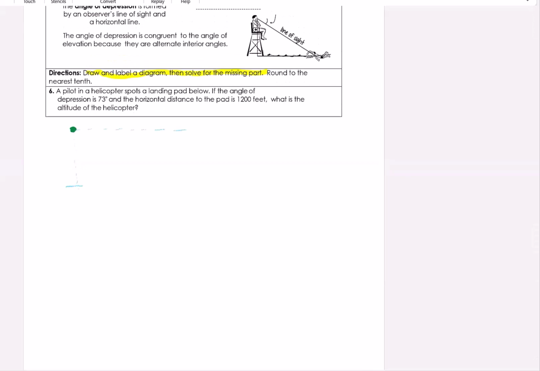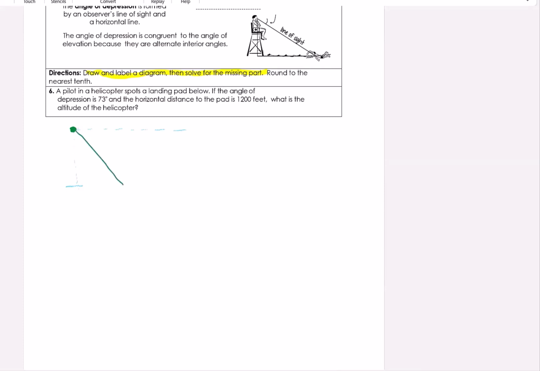That's what I'm doing still. I'm making a straight line because I need a right angle. And here is part of the triangle. And then we have the ground. He's above the ground, so I need my right triangle. Once I do that, the angle of depression is 73 degrees.